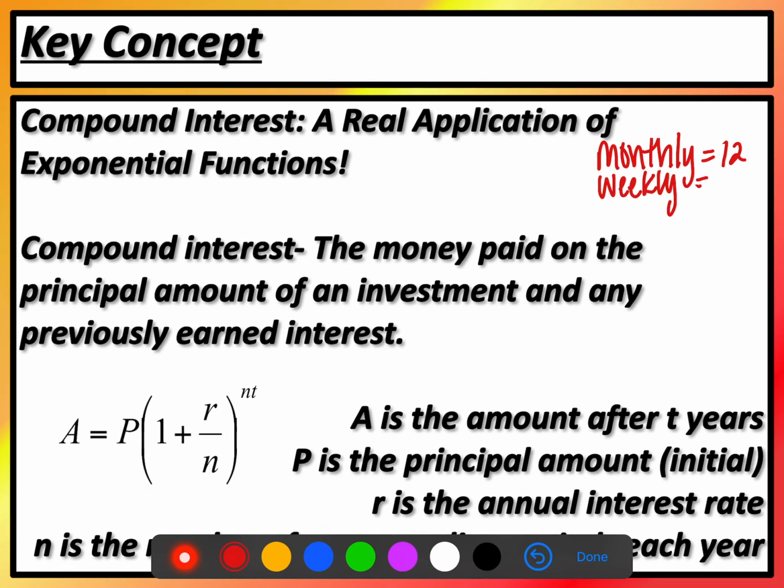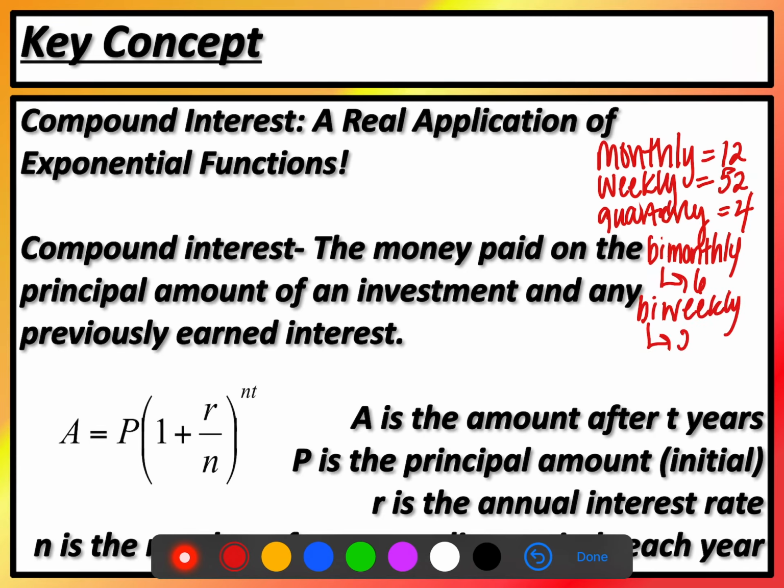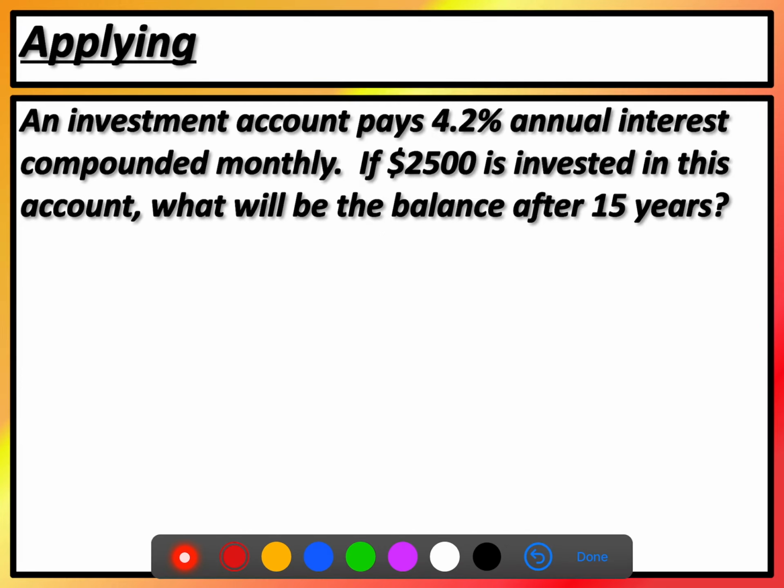Okay, weekly would be 52 times. There's 52 weeks in a year. Quarterly would be 4. Bi-monthly, that means every other month, so that would be 6. And bi-weekly means every other week, so that would be 26. Okay, so you have to know, based on the terminology, how many compounding periods that gives you.